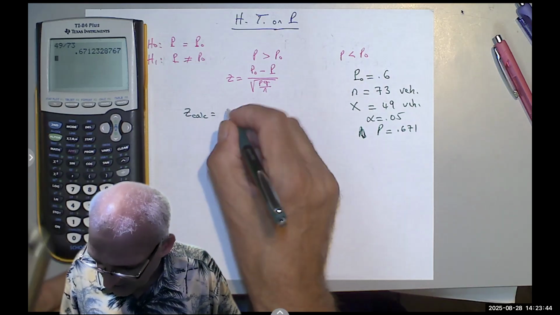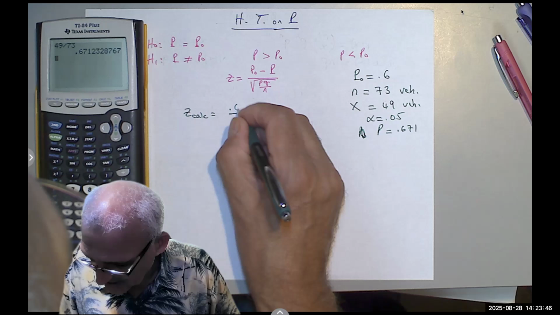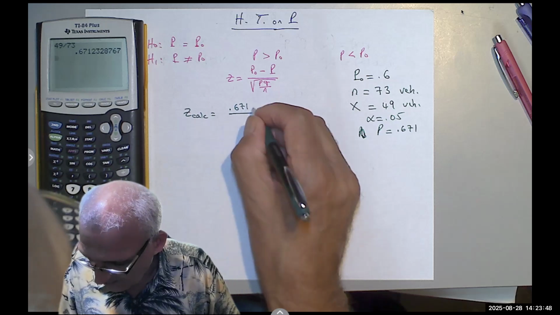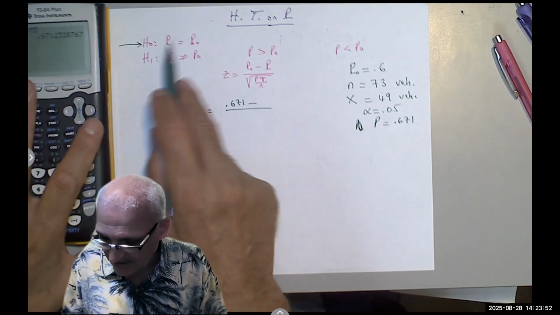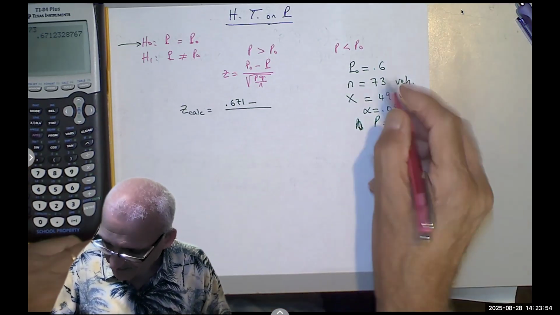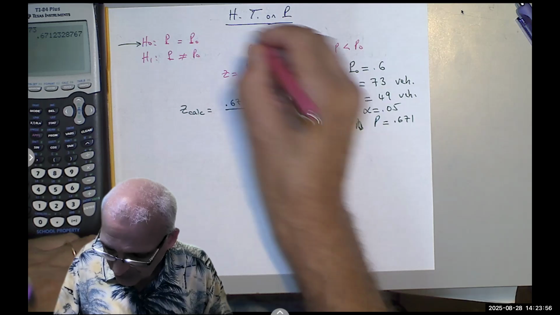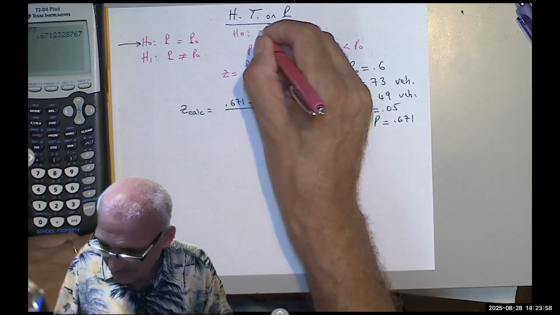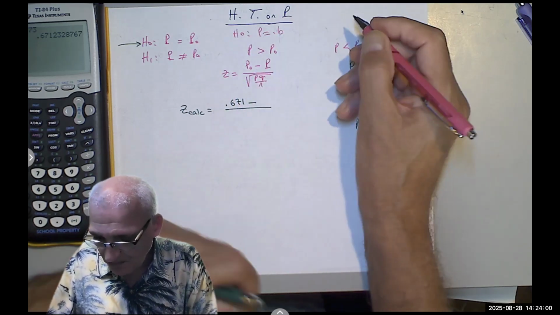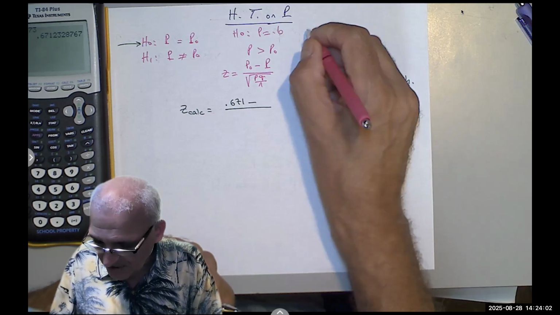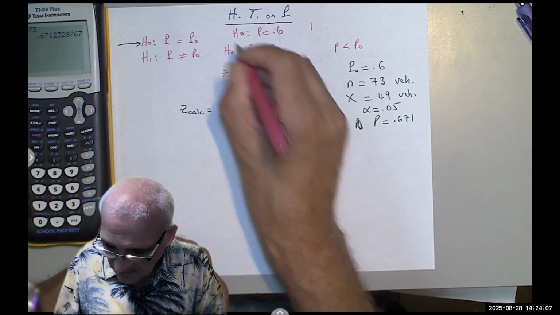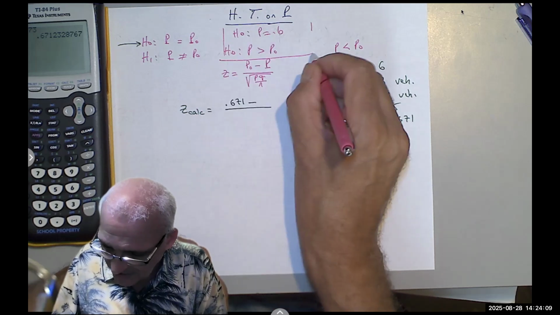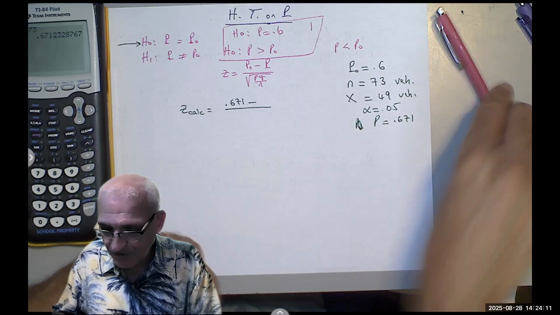So now I have to say 0.671 minus whatever I have in the null hypothesis, and the null hypothesis here is that P equals 0.6, and the alternative hypothesis is P greater than 0.6.